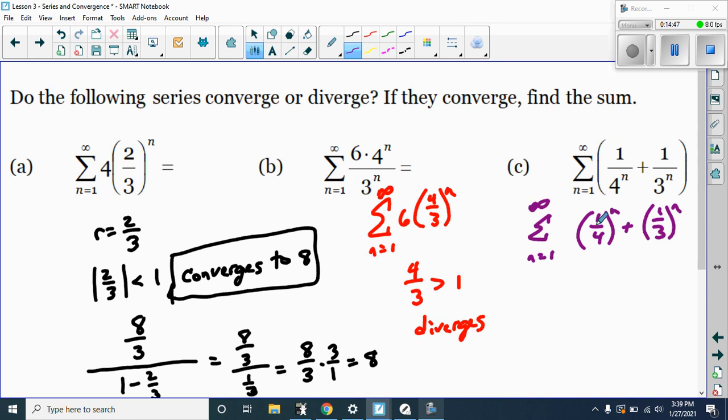So if I'm just looking at the 1/4 part, if I plug in 1, my first term is 1/4. The common ratio is also 1/4. So I get this part converges to 1/3.